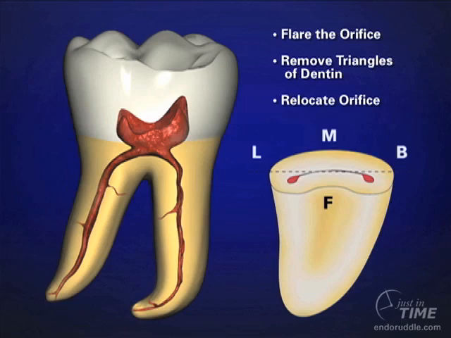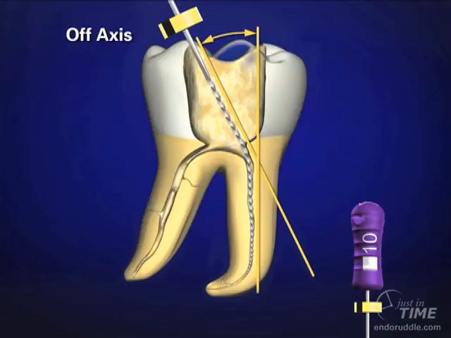So by removing triangles of dentin, we can upright those handles so we're on axis. Finally, as we just mentioned, we want to relocate the orifices intentionally away from furcal danger. Now, something to say about the X Gates is when we have a handle that is off axis, you can see the triangle of dentin that is kicking that handle in this awkward way.